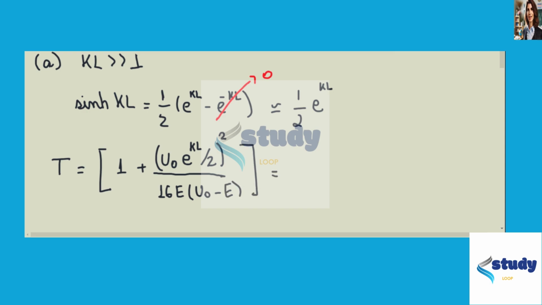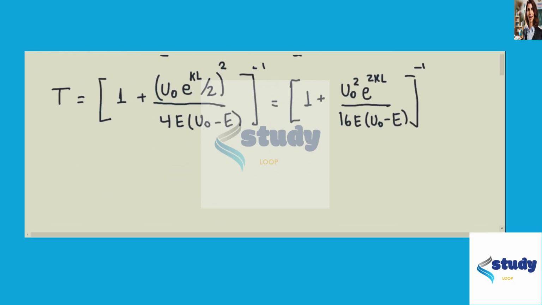I'm sorry, not 16, this should be 4. So this is equal to 1 plus u0 squared e to the 2 KL divided by 16 e u0 minus e to the minus 1.